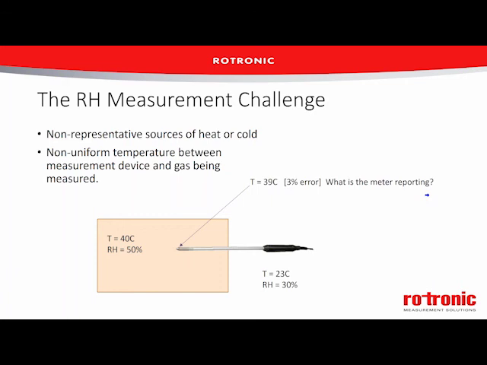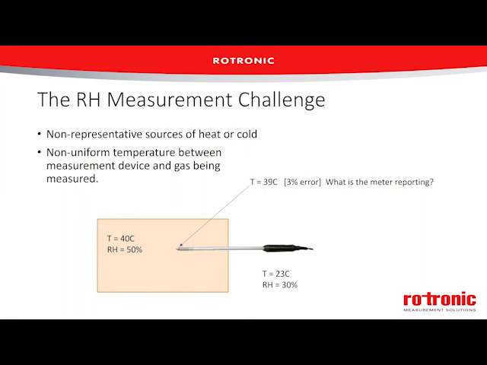Now, if we don't get that probe inserted far enough into the chamber, or don't let it come to equilibrium, what's going to happen is the temperature at the RH sensor is going to be low, and that's just because we've got a gradient along the length of the probe. If a bulk of the probe is outside at 23 C and we don't have a whole lot in the chamber, we could very easily see that the RH sensor is at a lower temperature.